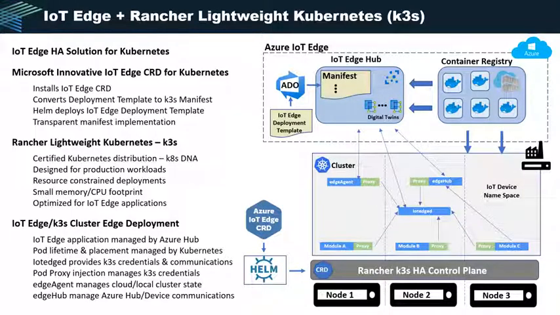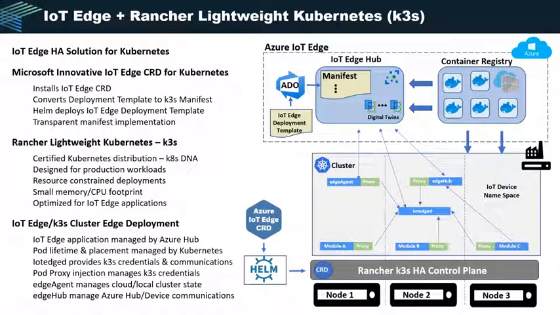There was the requirement of a new component called IoT Edge D, which is a daemon which manages the relationship between Azure IoT Edge and Kubernetes. Remember, in the IoT Edge environment, Edge Agent wants to be in charge of managing the deployments, but it can't do that here. Of course, it's the responsibility of Kubernetes to manage the deployments.